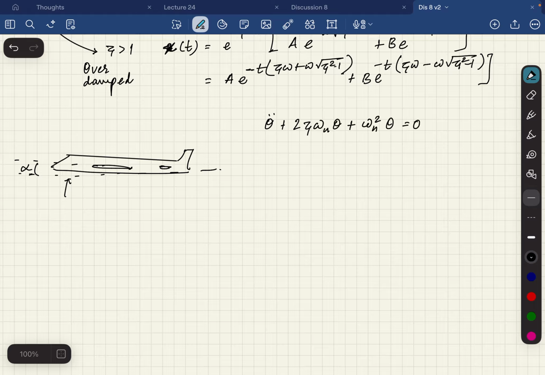The equation will always come out to be of this form. There will be a damping term and there will be an oscillatory term. And recall that these are your stability derivatives, and these are your force or moment coefficients.